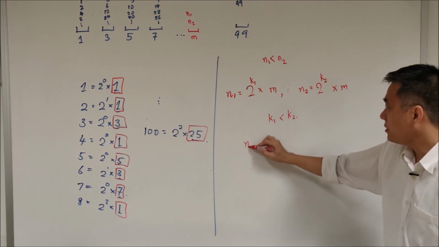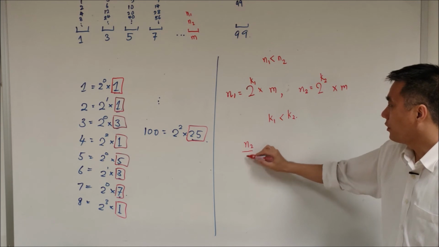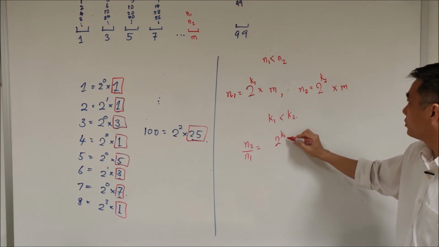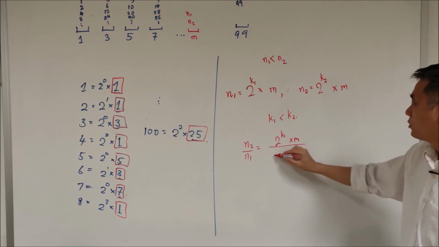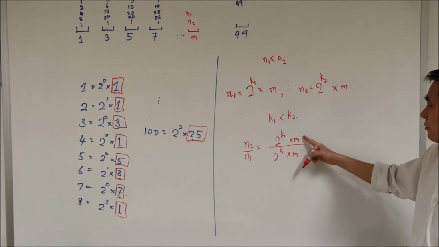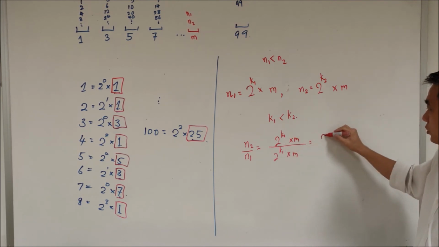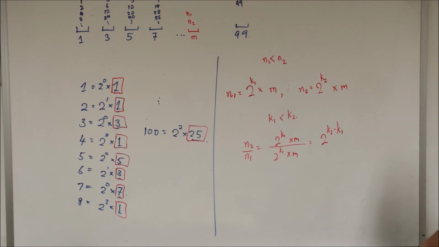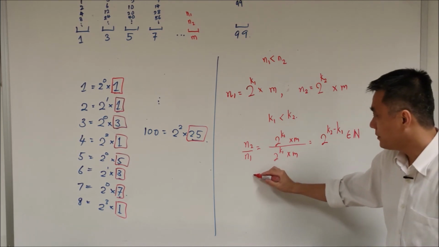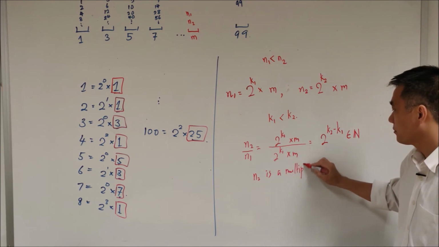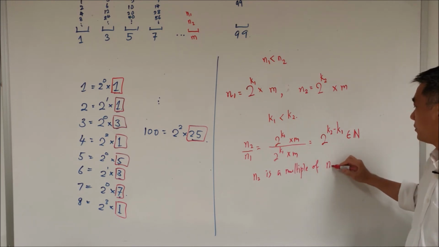So in this case, n2 over n1 will be equal to 2 to the power k2 times m over 2 to the power k1 times m. The m cancels off, and this will be 2 to the power k2 minus k1, and this is an integer. So this means that n2 is a multiple of n1.